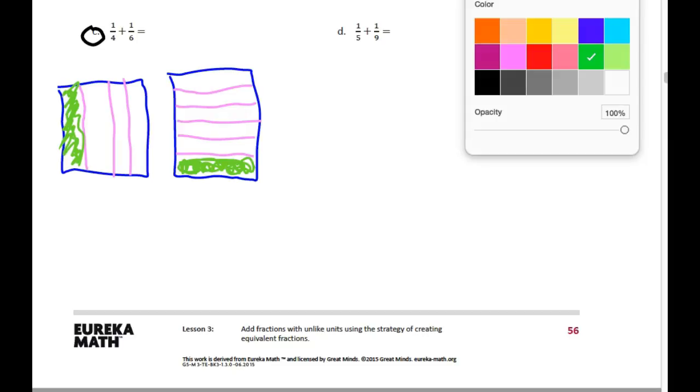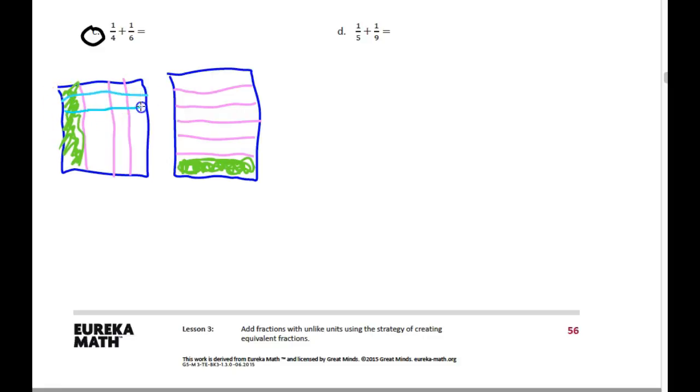So we're going to make some more lines. We're going to make these ones match the other ones, so then they go together. 1, 2, 3, 4, and 5, going that way. And now we'll go this way, and we're going to make 3 lines going this way, so it's also into fourths now.